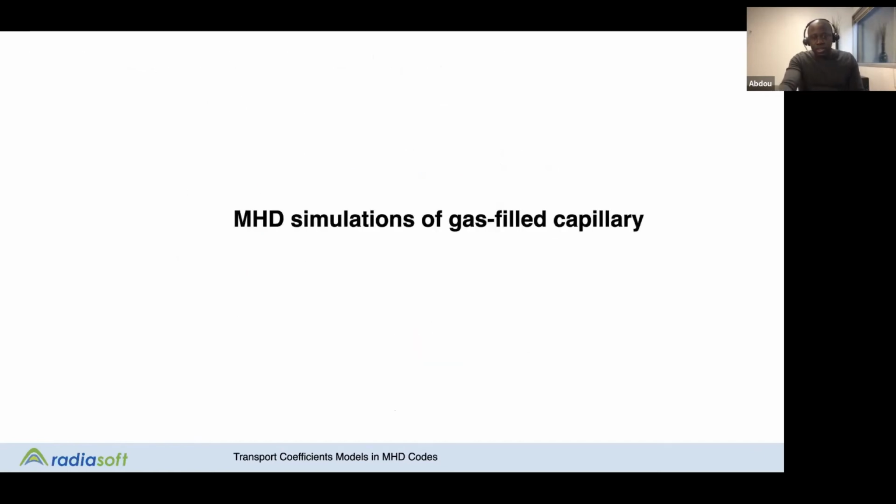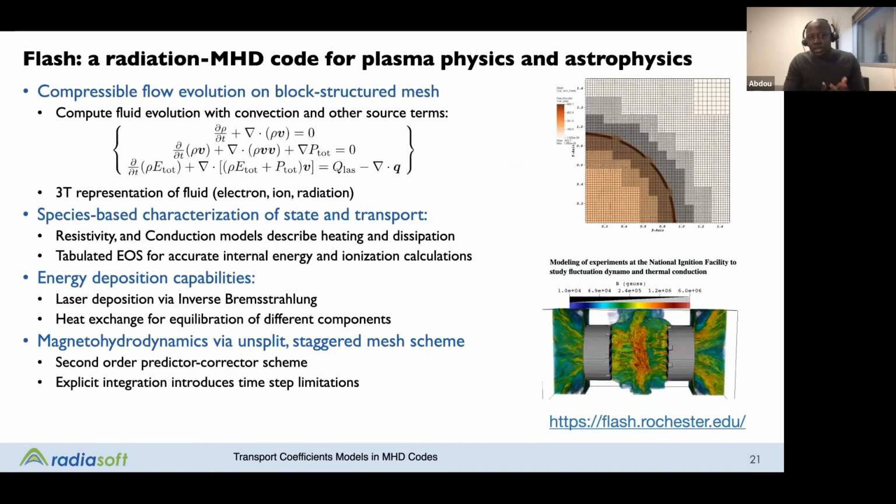All right, so we put these tools into the Flash code. Flash is a radiation MHD code from the Flash Center, which is now at Rochester in LLE. The code is designed to model plasma physics and astrophysics. Right now, we're solving the standard Euler equations on the block structure.